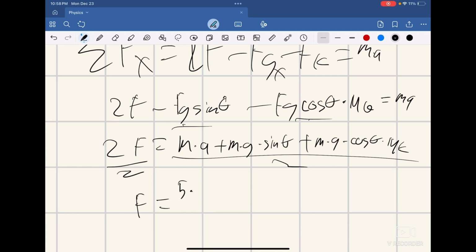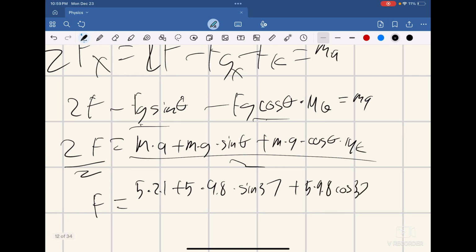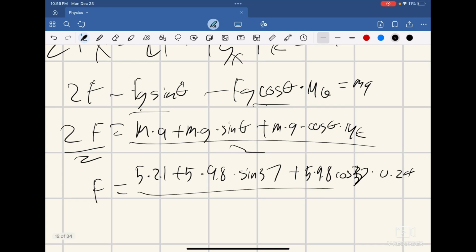Alright, and we can just plug in the values now. So mass 5 times acceleration 2.1, divided by 2, plus mass 5 times 9.8 times sine 37, plus mass 5 times 9.8 times cosine 37 times 0.24, all over 2.